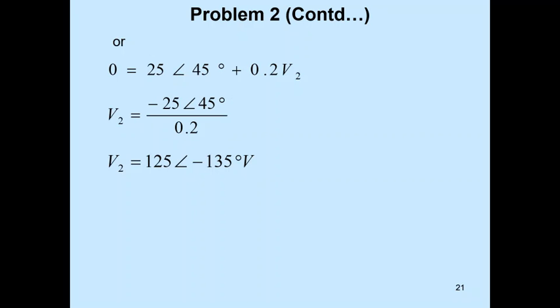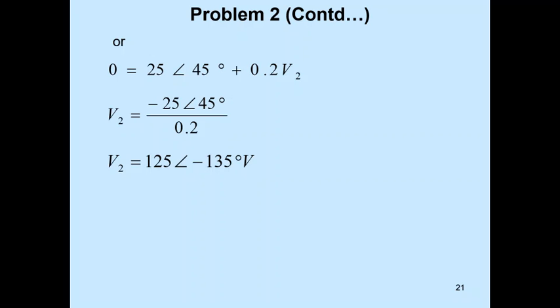See, again I am repeating that 25 at an angle of 45 degrees plus 0.2 V2 is equal to 0. Here V2 is equal to minus 25 at an angle of 45 degrees by 0.2. So from that we are getting minus 125 at an angle of 45 degrees. So we want to remove this minus. See here, 125 means plus side, minus means opposite side.